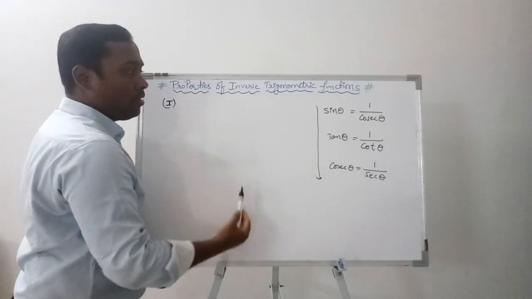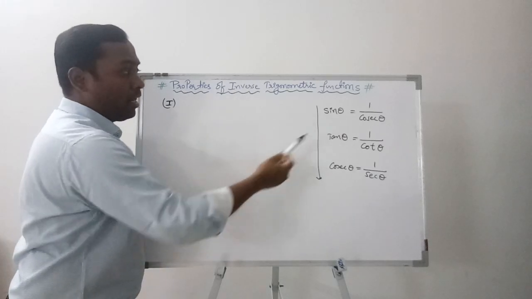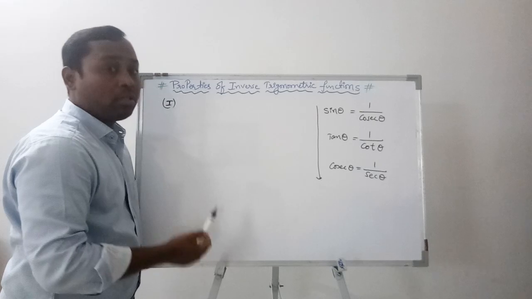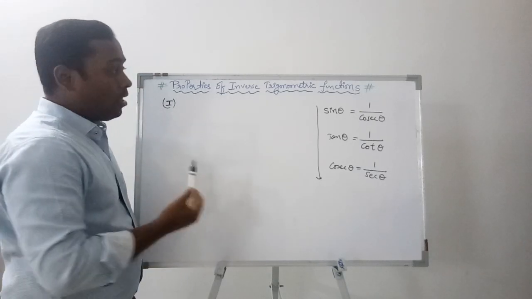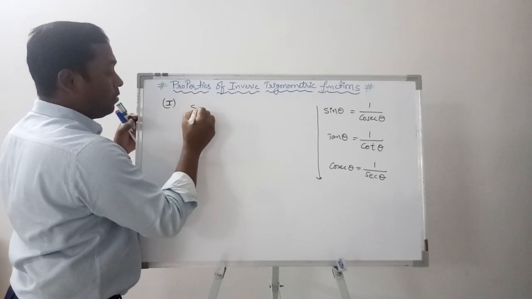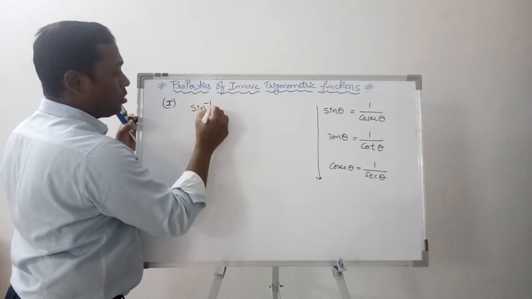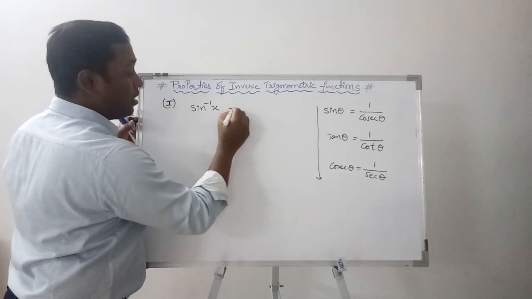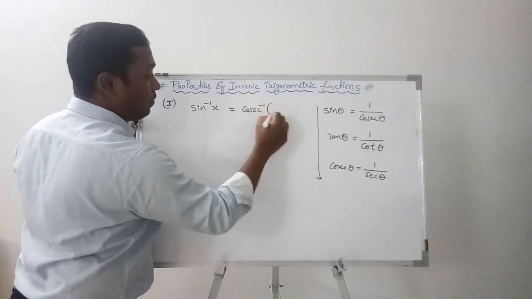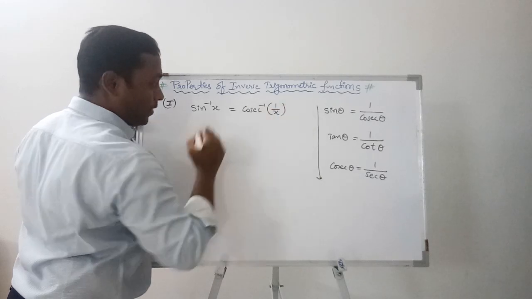Now in the same manner the question may arise: is there any inverse relation between the inverse trigonometric functions? Of course, yes. The first inverse relation we write is sine inverse of x can be written as cosec inverse of 1 upon x.